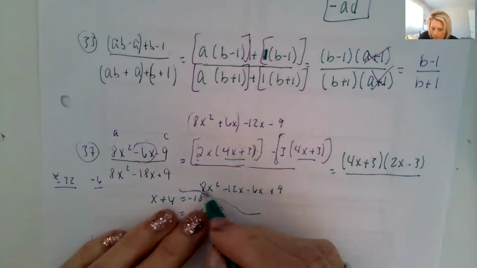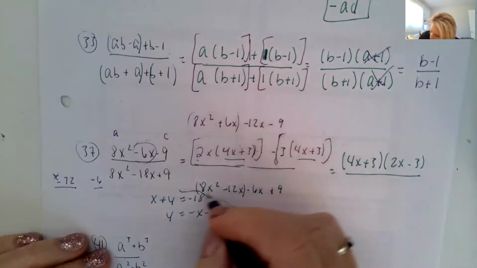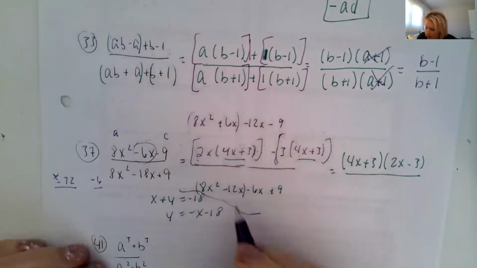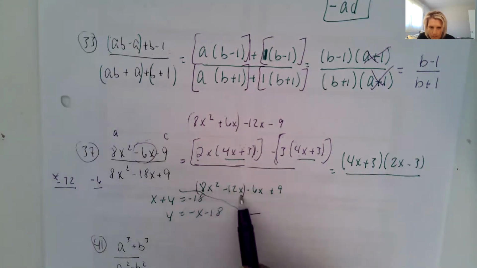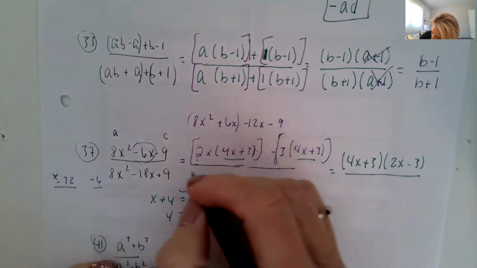So now we're going to factor what's in common here between 8x squared and 12x. So that would be, oh, and look at, you can see the signs are opposite. It's a positive 8, a minus 12, a minus 6, and a positive 9. So one of them we're going to have to factor out a negative. So let's factor that out here. So let's factor out a negative 4x.